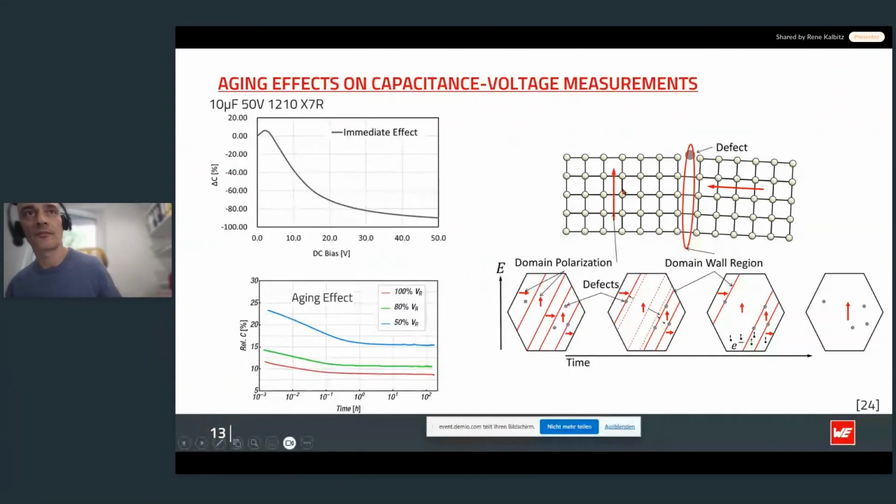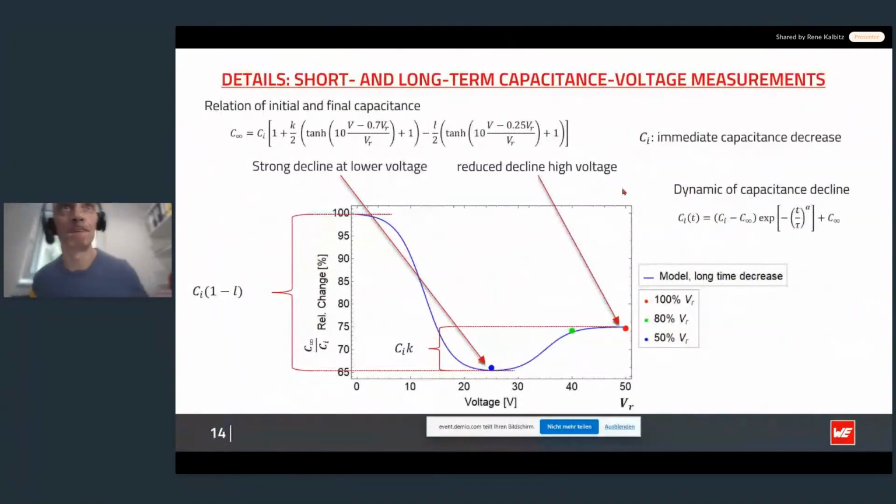Looking at the relative capacitance change between the immediate and long time effect, one can see that there is clearly a voltage dependence. For intermediate or low voltage, the relative decline is about 65% in this example and 75% at the rated voltage.